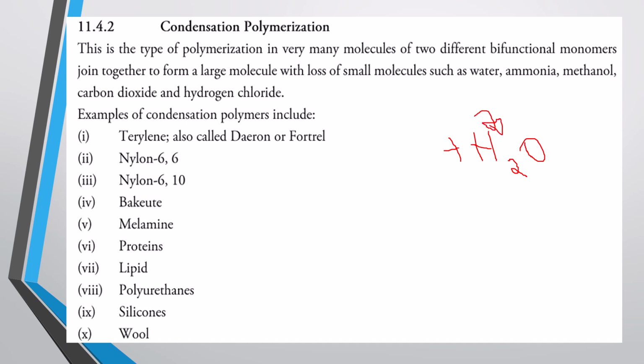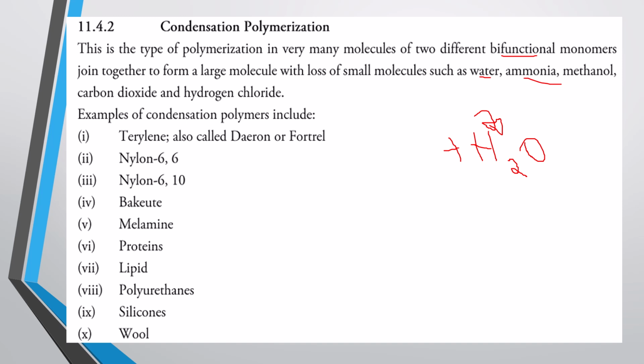So under condensation polymerization is going to be the type of polymerization in which very many molecules of two different bifunctional monomers join together to form a large molecular mass compound, with loss of some molecules such as water, ammonia, methanol, carbon dioxide, among others.